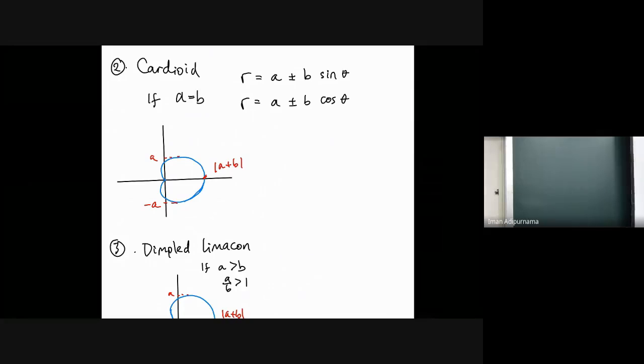Usually these curves will be useful for integration. If you have polar curves and you need to integrate, and you need to find the intersections, maybe a circle with sine or cos, you can first find the intersection and then find the area under the curve using polar.